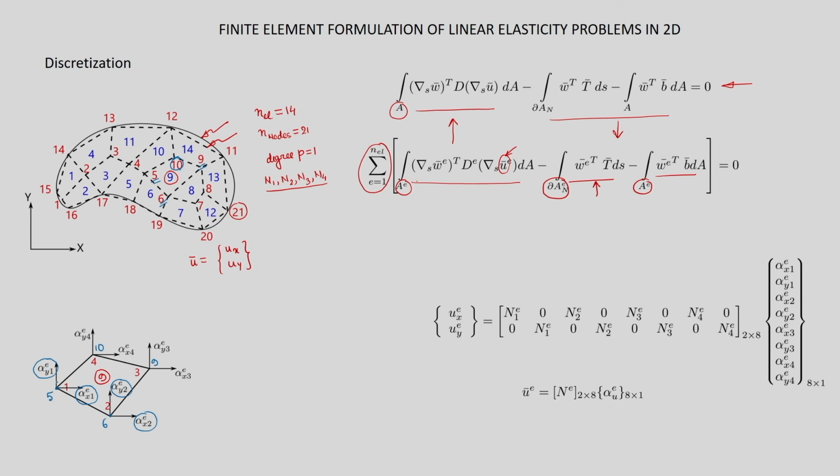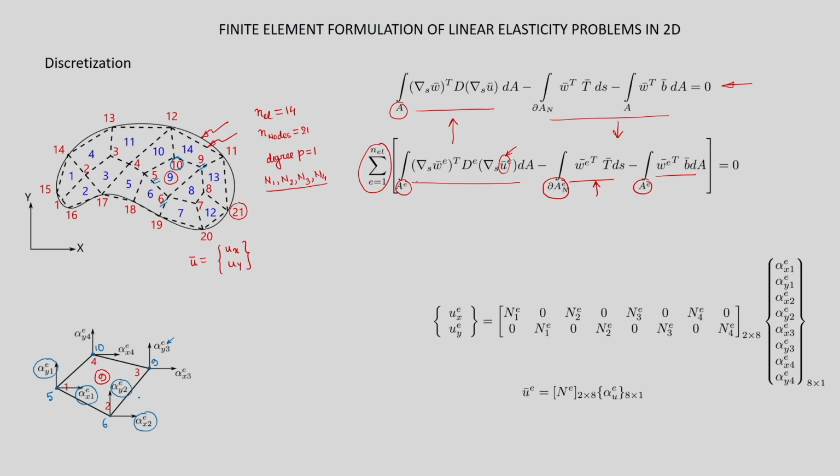So, x and y represent the component of the displacement and the number denotes the node. So, similarly we have shown the displacement components in nodes 9 and 10 as well. Alright. So, these numbers associated with alpha correspond to the local numbers. So, that is why there is alpha x1, alpha x2, alpha y1, alpha y2 and so on.